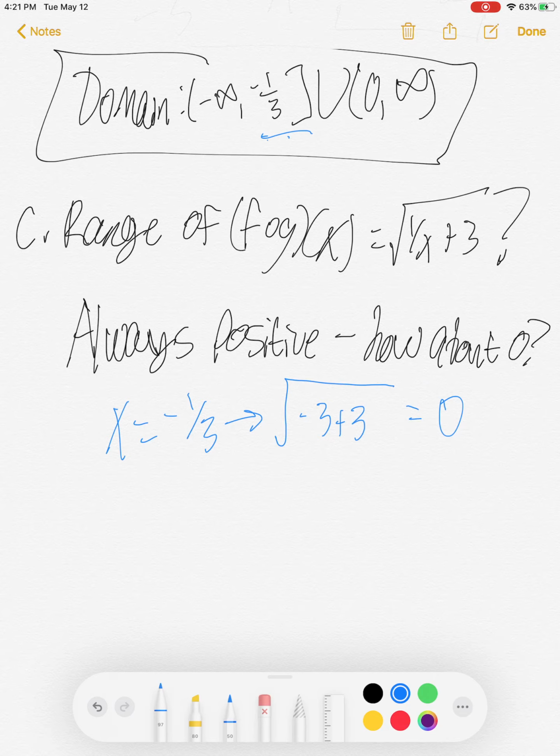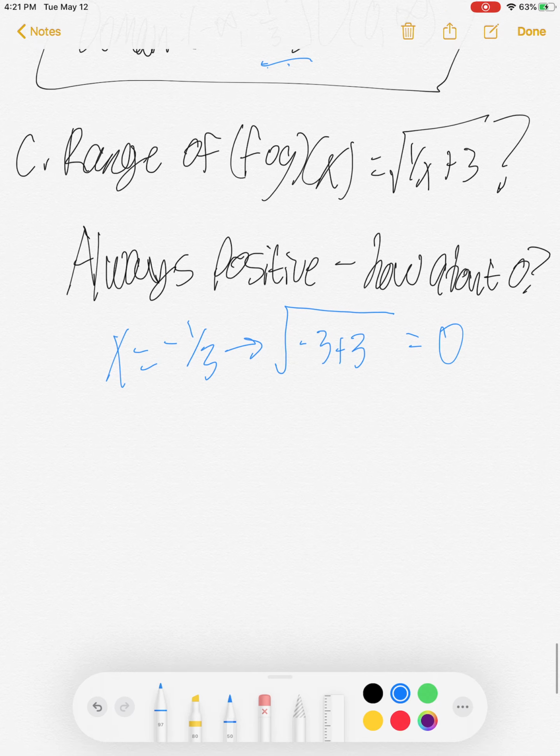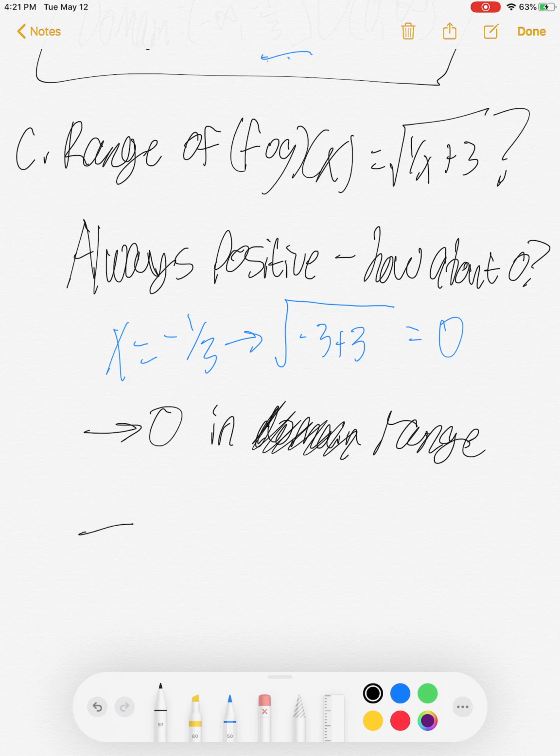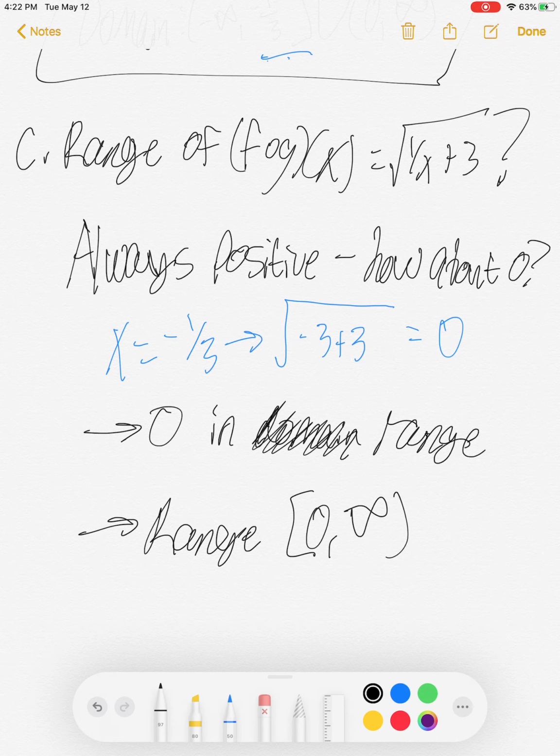Whenever we plug that in, that gives us 0. So 0 is in our range, which means that the range is just going to be all non-negative numbers, from 0 to infinity, closed at 0.